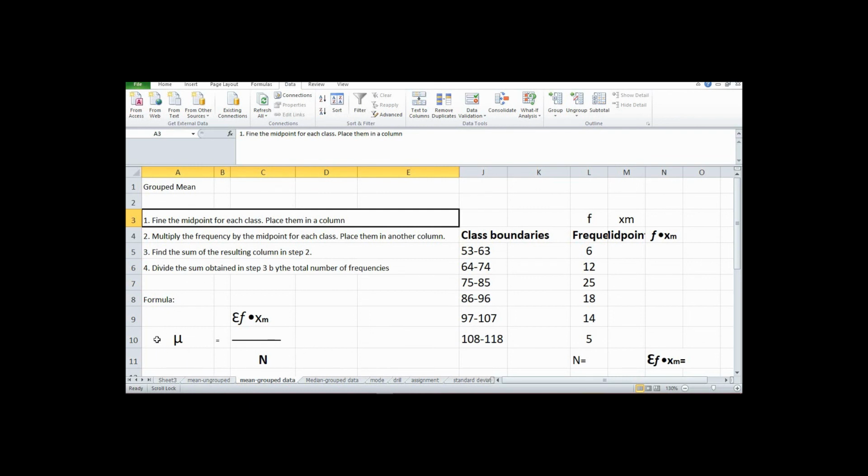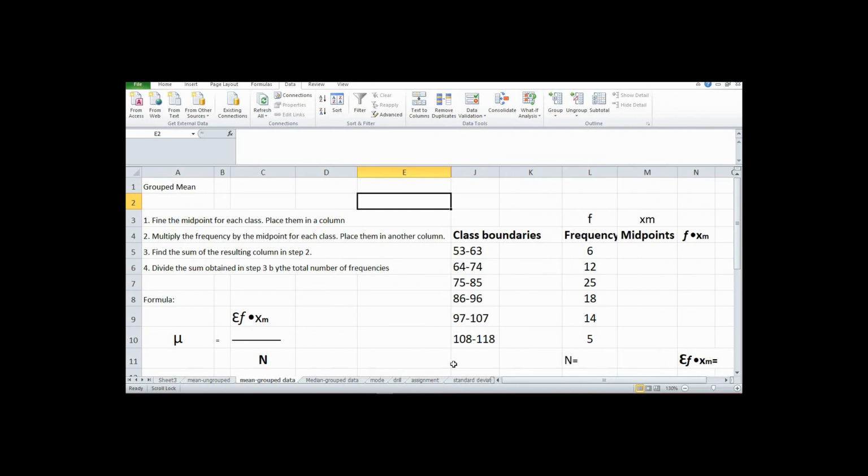So we have again the mu or mean is equal to the summation of f, that is for frequency, times xm or the midpoint, divided by n or the population. So now we will proceed to the steps on how to get the mean for grouped data.